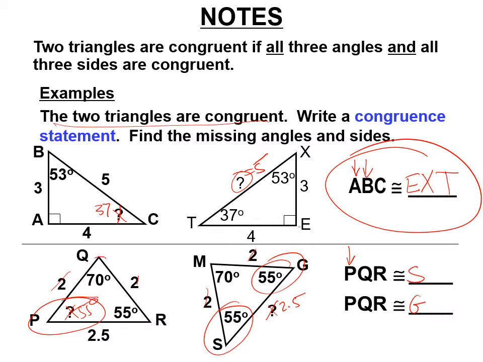Now Q is the 70, so we have to put M in the middle of both. And then obviously we have to put the one that's left, SMG or GMS, on the other one. Right? Each of the angles has to match up. Each of the sides will also automatically match up or correspond.